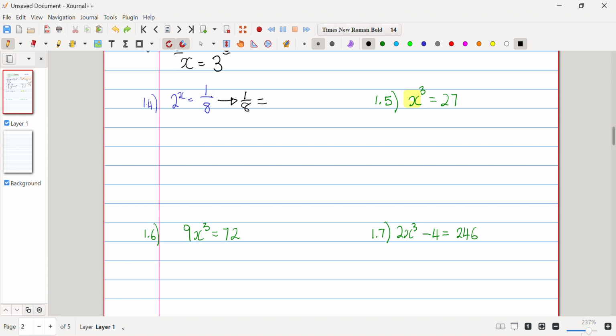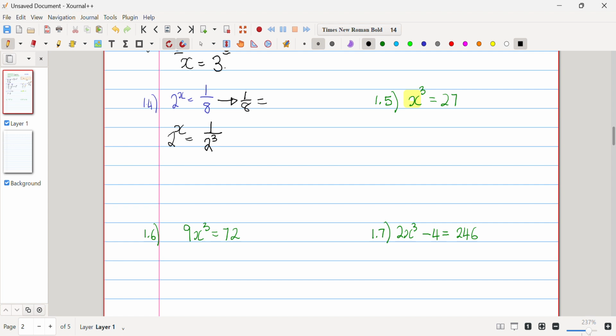Right, so the first thing that you can see is that I can write 8 as 2 to the power of 3. Would you agree? Because 2 to the power of 3 is 8. So 1 over 8 is the same as 1 over 2 to the power of 3.